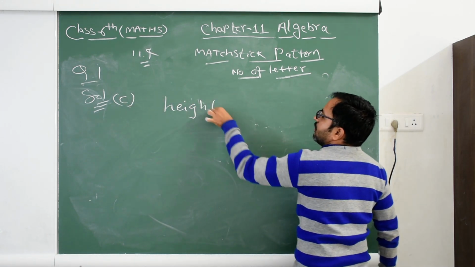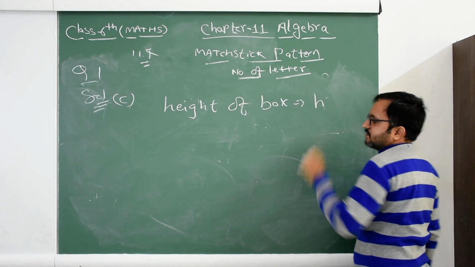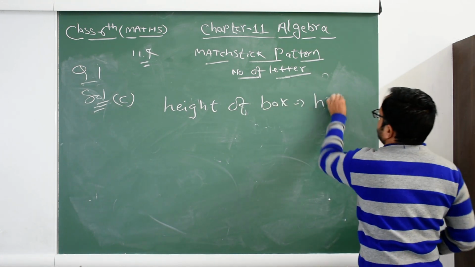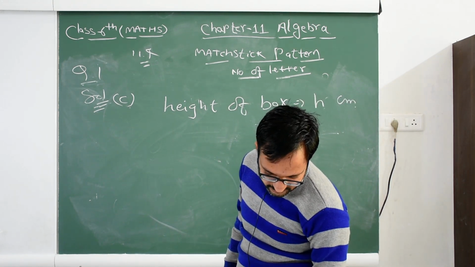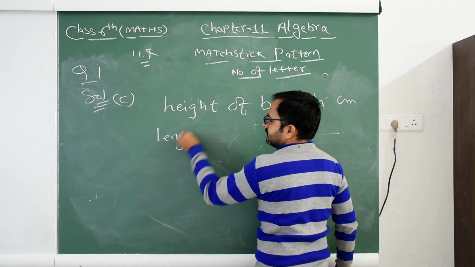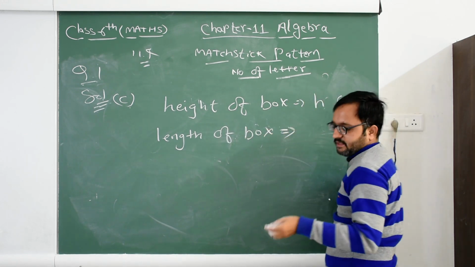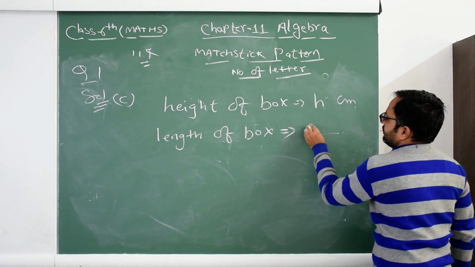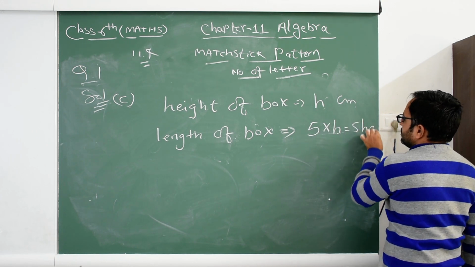Height of box equals h centimeters. Now its length is 5 times the height. Length of box: 5 times the height means multiply by 5 into h, 5h centimeters.